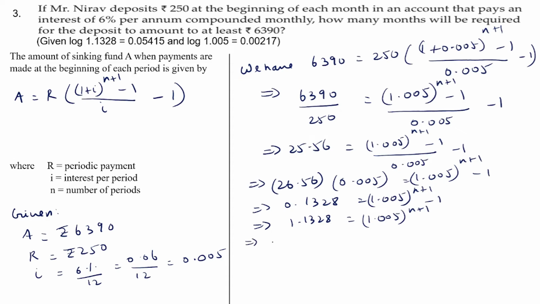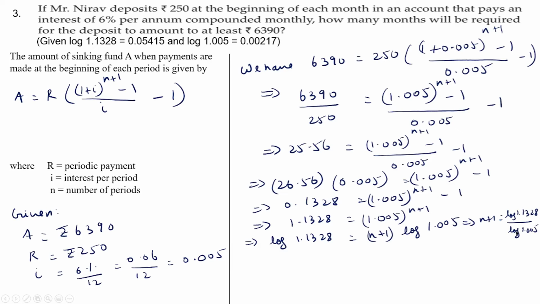Now if we take log on both sides, we get log 1.1328 equal to n plus 1 log 1.005. So from this we get n plus 1 is equal to log 1.1328 upon log 1.005.